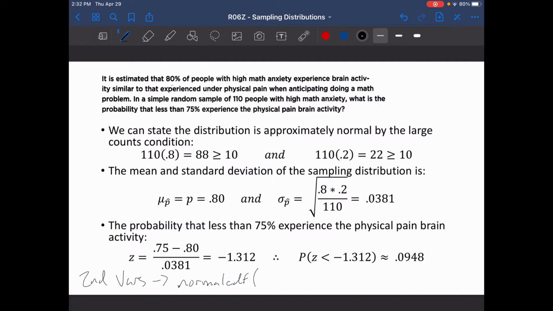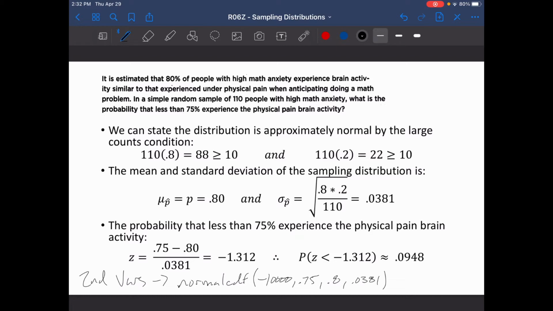If we're trying to find the probability that less than 75% experience something, then that 75% is going to represent our upper bound. So our lower bound is going to be a very low negative number. Our upper bound is going to be 0.75 in this case, because that represents 75%. Our mean would be 0.8, and our standard deviation would be 0.0381. And when we plug that in, let's make sure that that works.